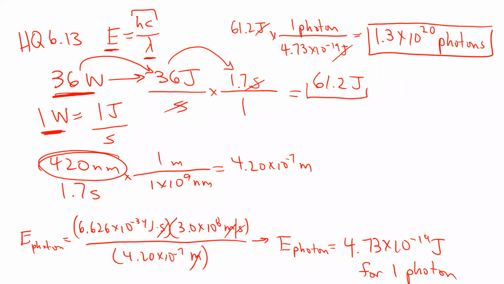From there, I know the wavelength of light, and I can relate that wavelength to the energy of light. The key being that's the energy of one photon. So now I have to say, okay, one photon is this much energy. I need 62 joules. How many photons would I have to add together to get that total energy?